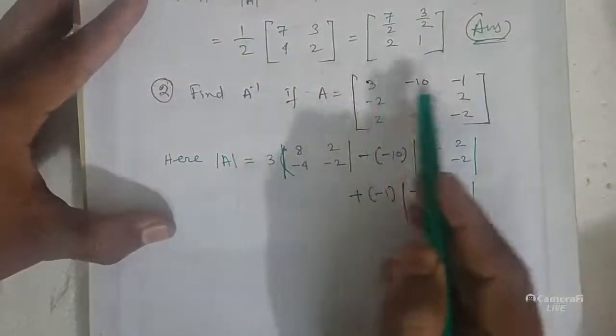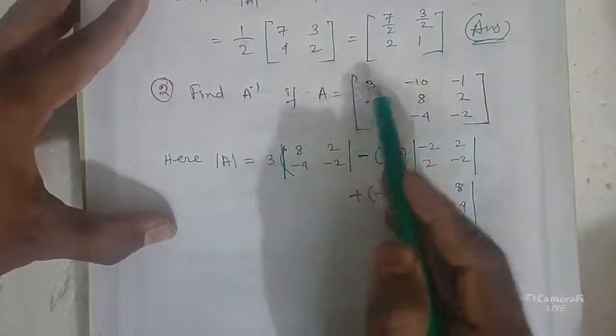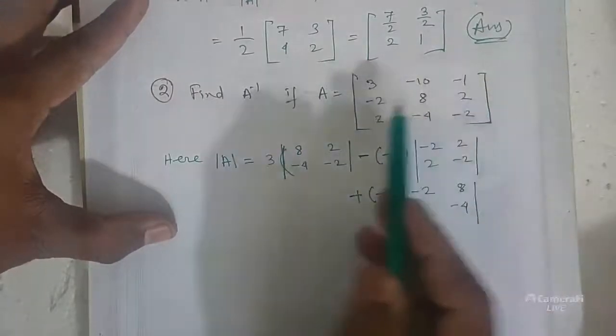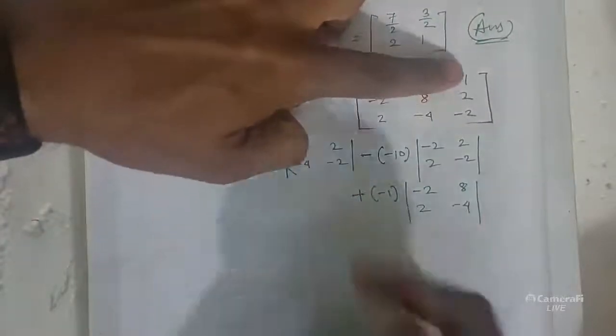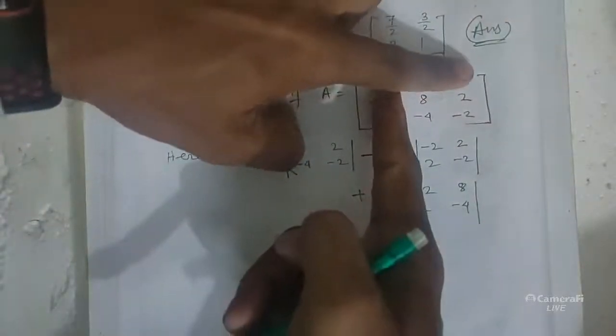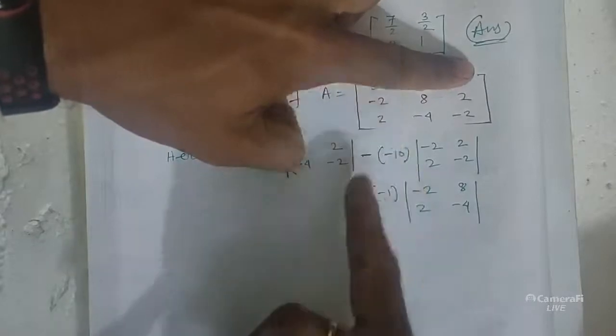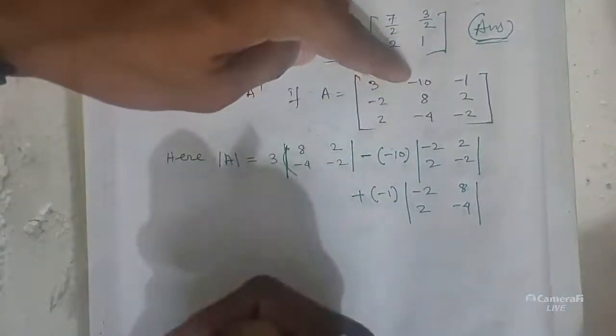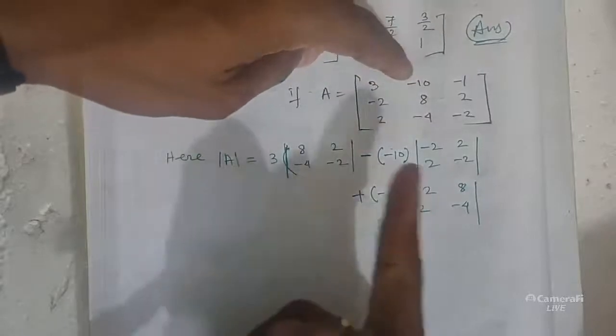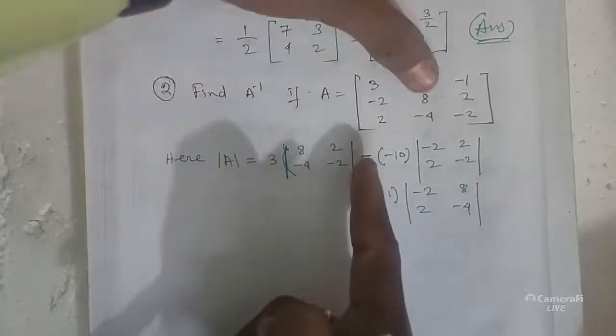Here I have expanded the determinant using the first row. First row, first element 3. So 3 into, deleting first row, first column, what is left? We have written under determinant. First row, second element minus 10, and the sign of this is minus. So minus of minus 10.